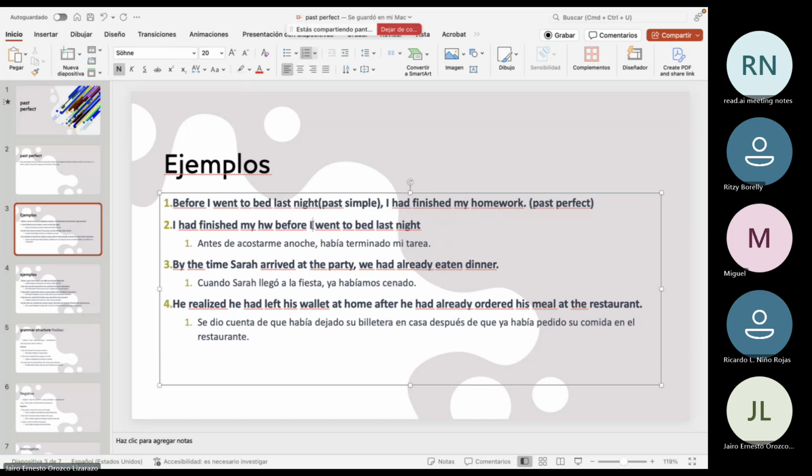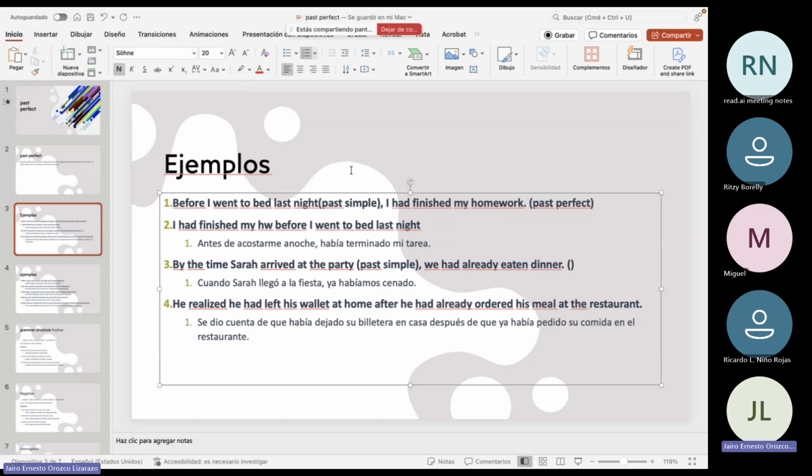Okay. One other example. By the time Sarah arrived at the party, so this is simple. Noting that past perfect always or most of the time is accompanied by a past simple sentence. Okay. So past perfect and past simple.